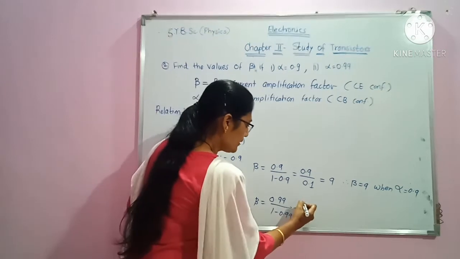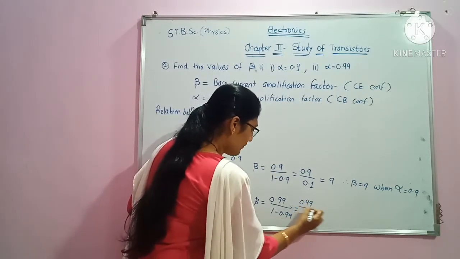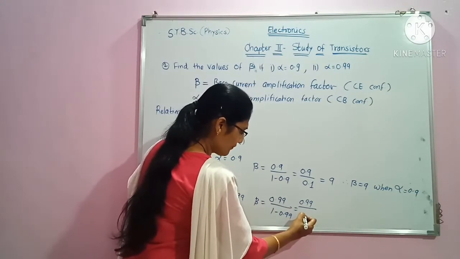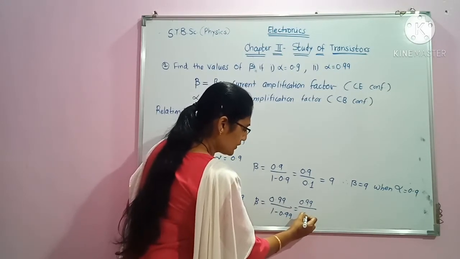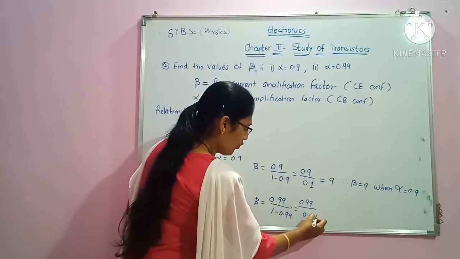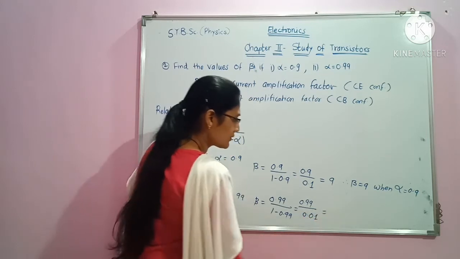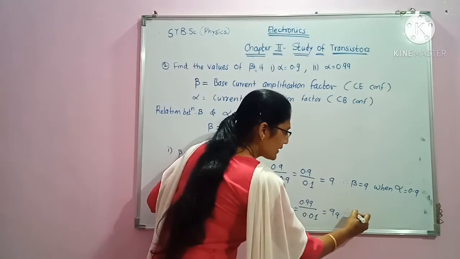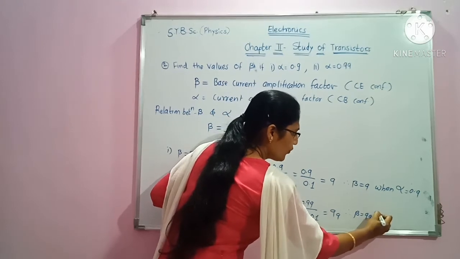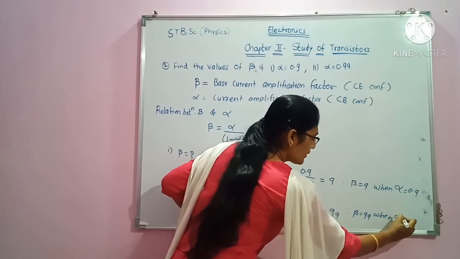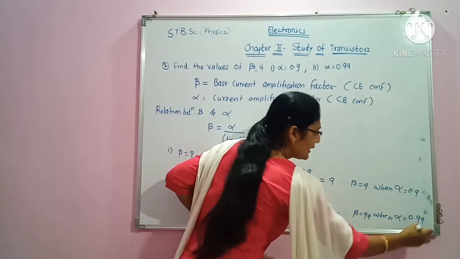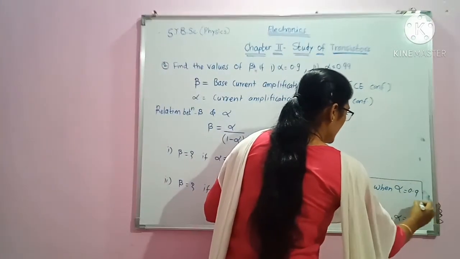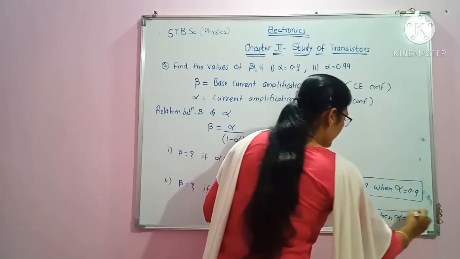Here 0.99 divided by 0.01 comes out as 99. So beta is equal to 99 when alpha is equal to 0.99. This is our answer to this problem.